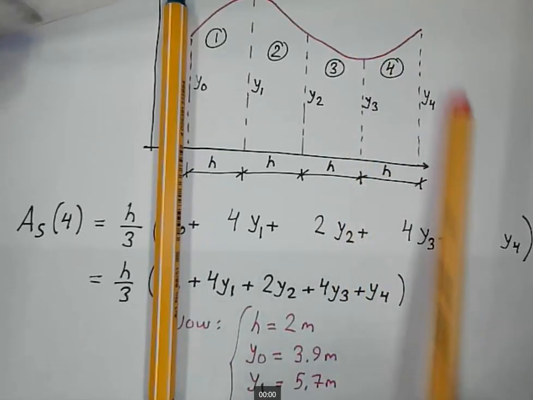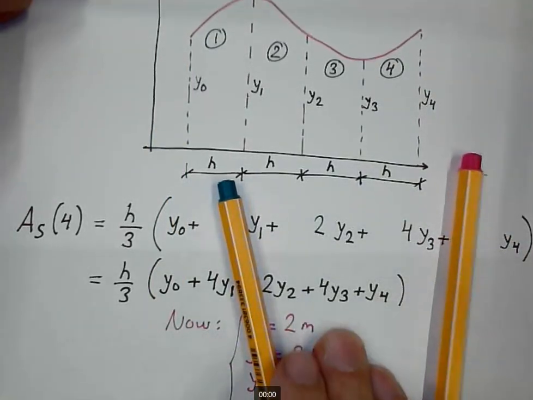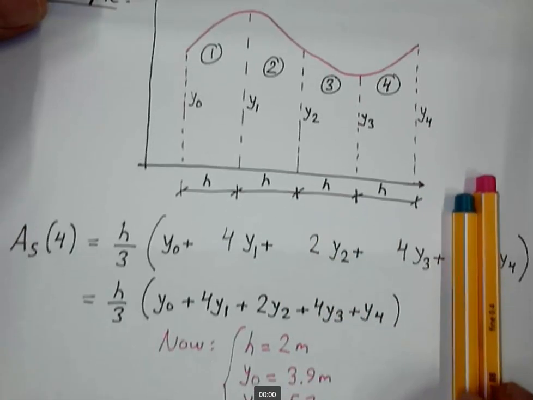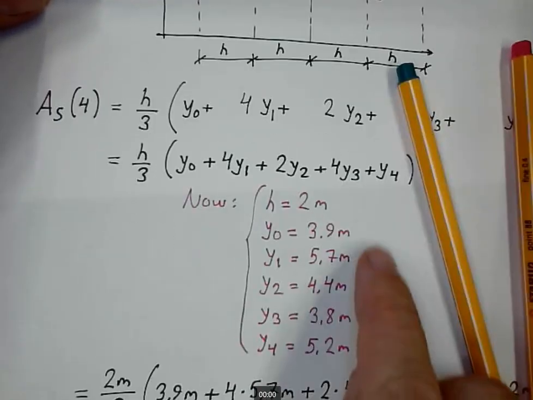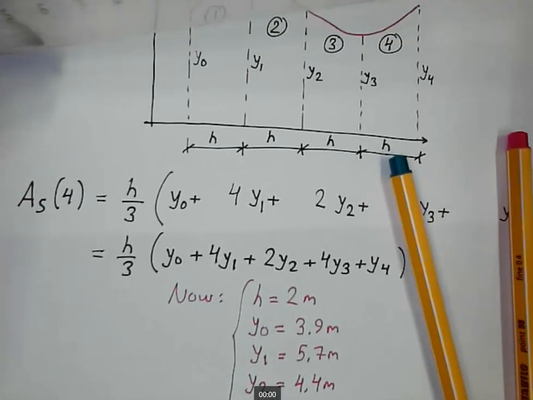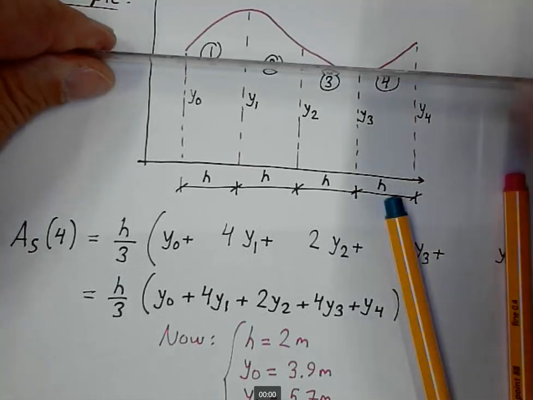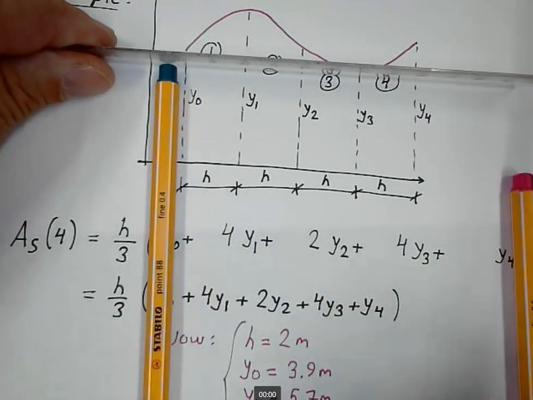And the minimum area would be if we choose the smallest number of these heights there, and the smallest number is 3.8 here. So that means that we would think that the area would be this kind of rectangle there.